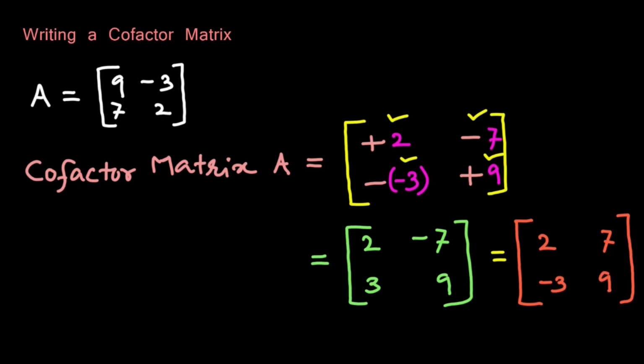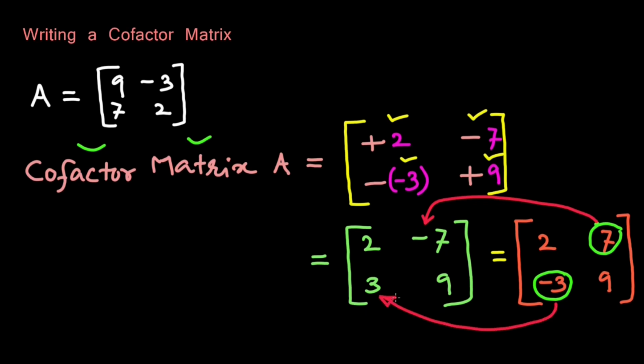Next, you simply have to change the signs of the non-diagonal minors, which are 7 and minus 3, so that in the cofactor matrix of A, the sign of this minor 7 will become minus, and that of minus 3 will become plus. So this is how you can decide the signs of the minors of the cofactor matrix of a 2 by 2 matrix.